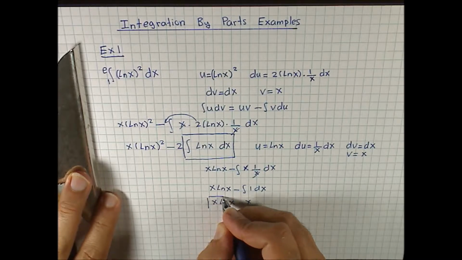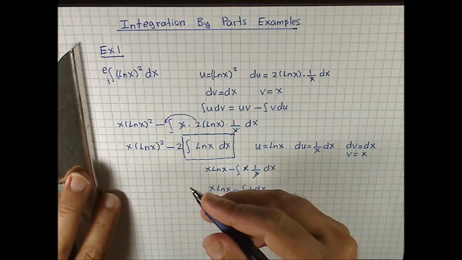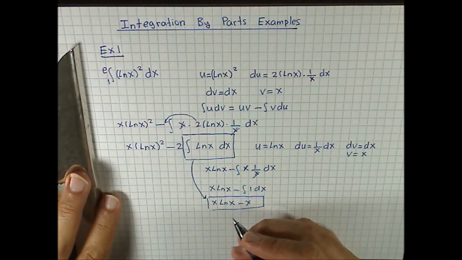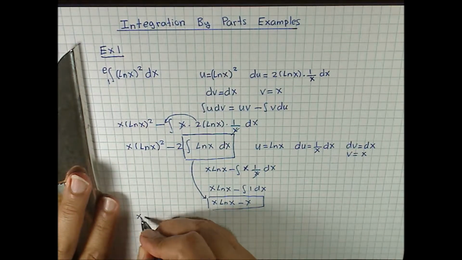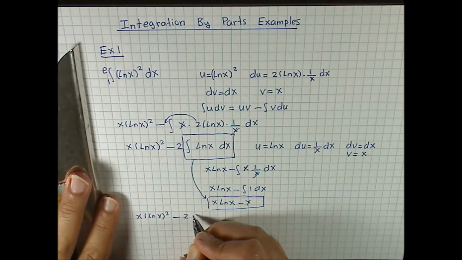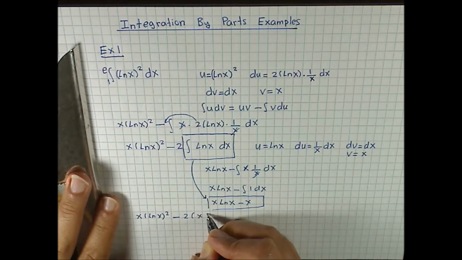And this is the result of this integral. Now let's put it all together and we get x times (log x) squared minus 2 times x log x minus x.